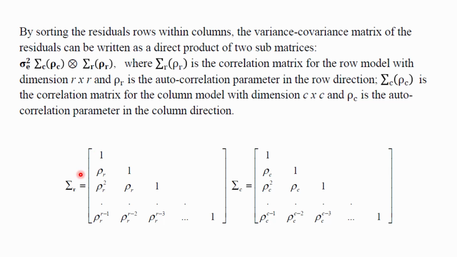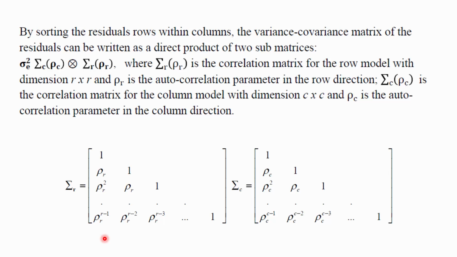Anyway, this would represent the correlation between row 1 and row 2. Since these rows are close to each other, they have a strong correlation. As the distance between the rows increases, this would be the correlation between row 1 and, in our example, row 4. Since this correlation value is less than 1, as you increase the power, this number is going to decrease.